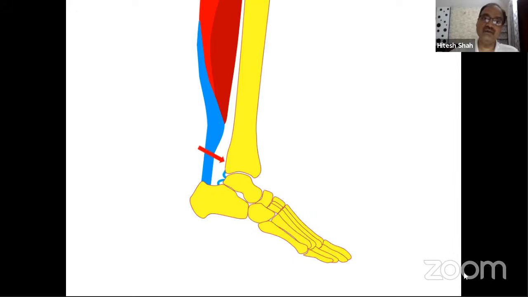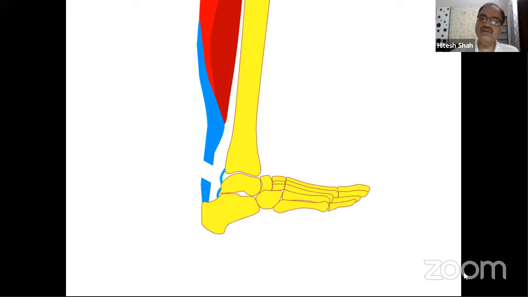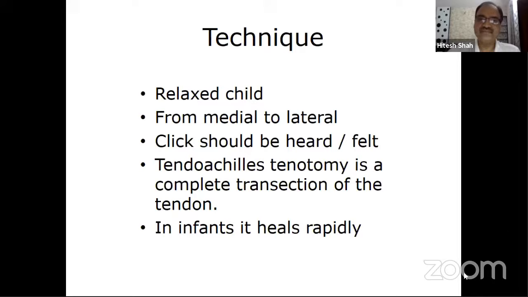In principle, we cut the Tendoachilles tendon from the medial side to the lateral side, and we dorsiflex the ankle joint, not the mid-tarsal joint. The deformity is at the tibio-talar joint, so we should be able to dorsiflex at least 15 degrees after the Tendoachilles tenotomy.